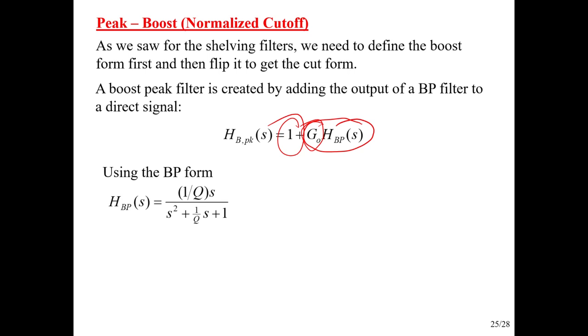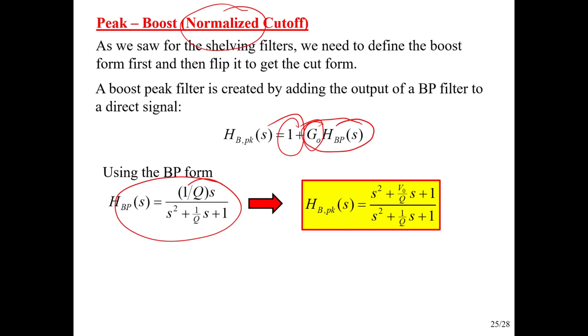And if we start with our bandpass form, using Q rather than zeta, a nice convenient way, again, this is all normalized, we end up with a transfer function that looks like that for the boost form of the peak filter.